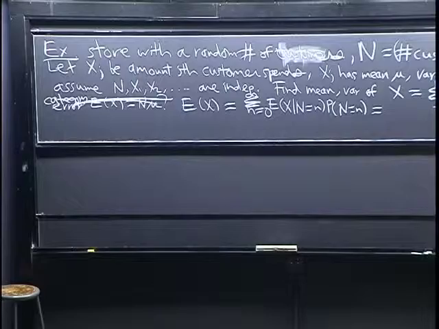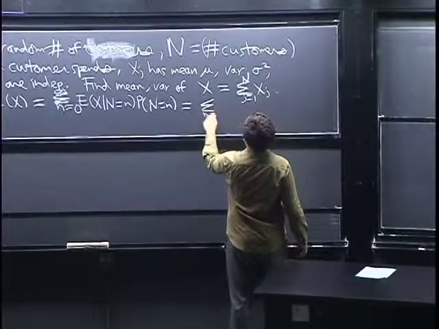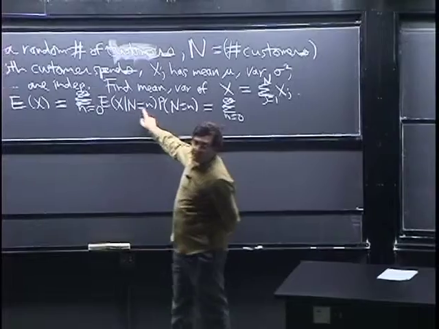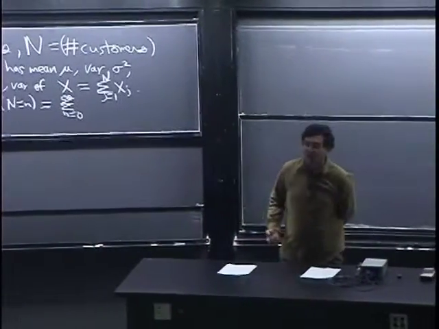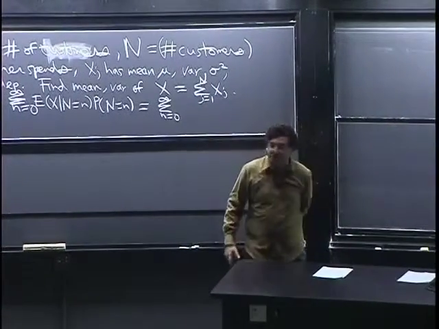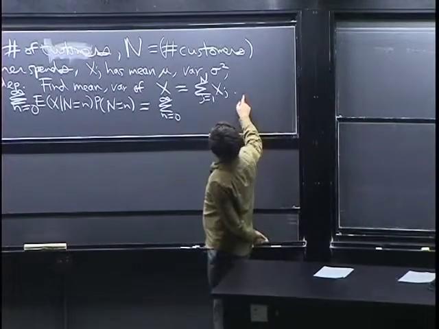Just condition on the value of n. Now, this is the sum from n equals 0 to infinity. This conditional expectation means we get to treat n as known to equal little n. So we know we have little n customers now. In that case, we really can just apply linearity. So we're going to plug in big N equals little n.